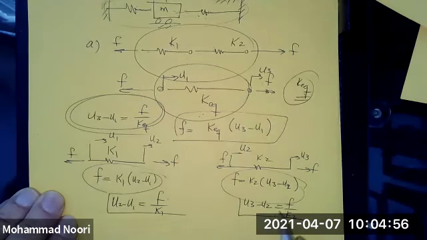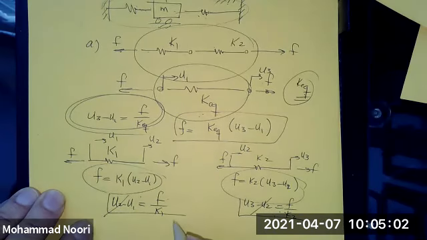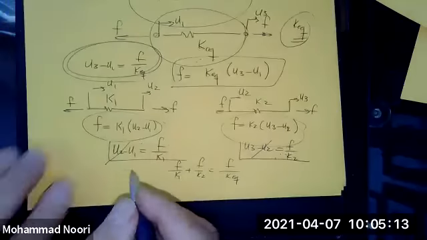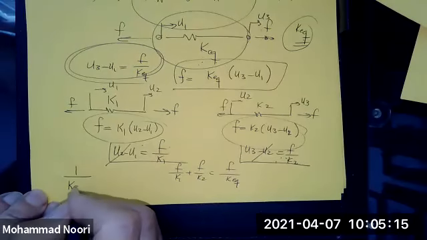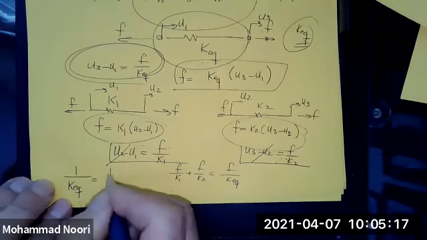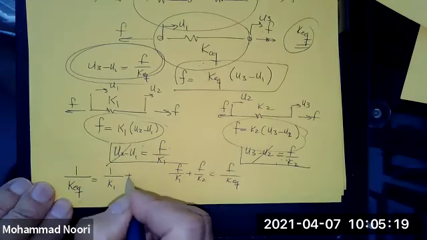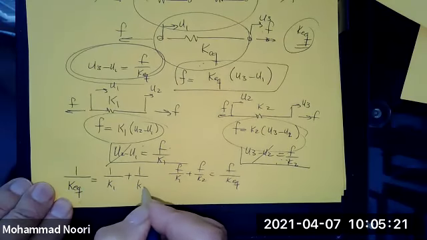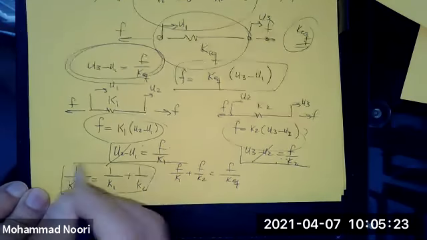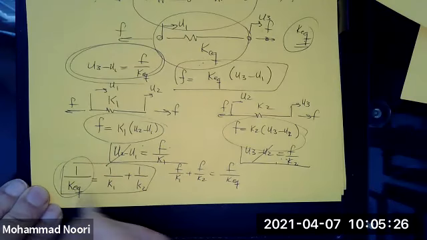And if you add these two, you see that U2 cancels out. You get F over K1 plus F over K2 is F over K equivalent. Or in other words, the single spring that you want to find, whose stiffness will replace these two springs, can be found from this relationship.